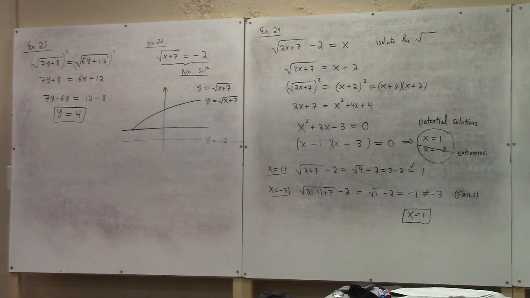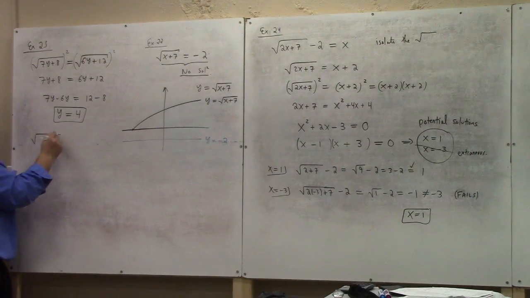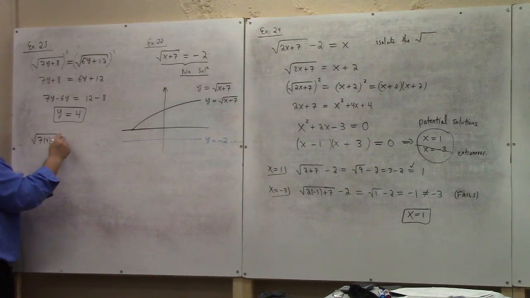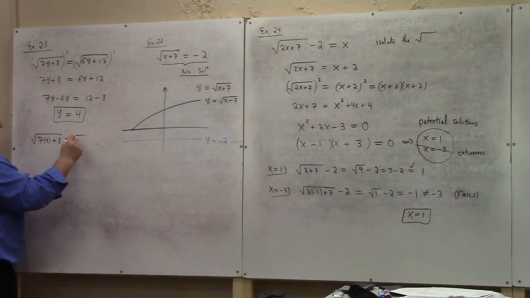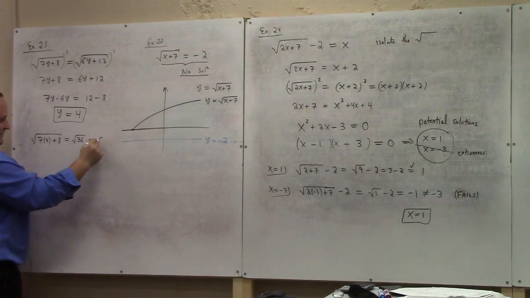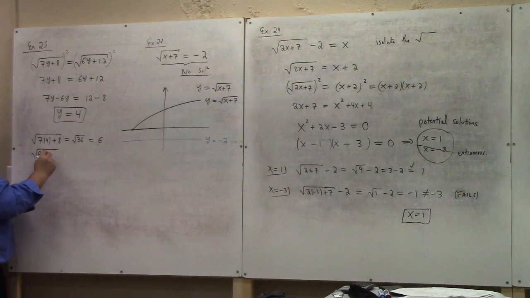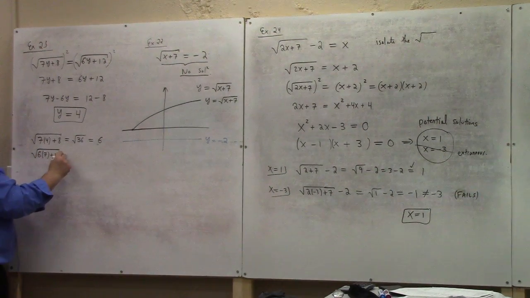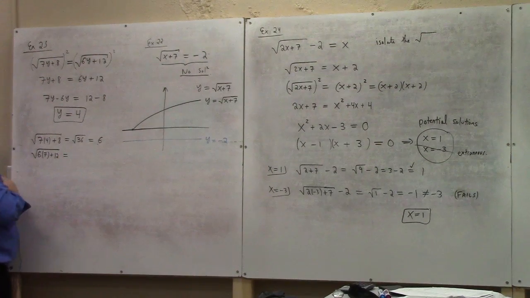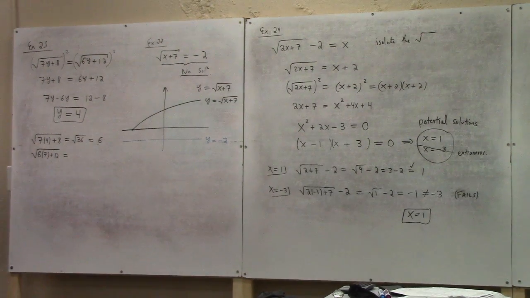And then, of course, we can check our answer, right? The square root of 7 times 4 plus 8 is the square root of 36, which is 6, right? On the other hand, the square root of 6 times 7, well, that's 42. 42 plus 12, that's the square root of, wait a minute, I can't do math.